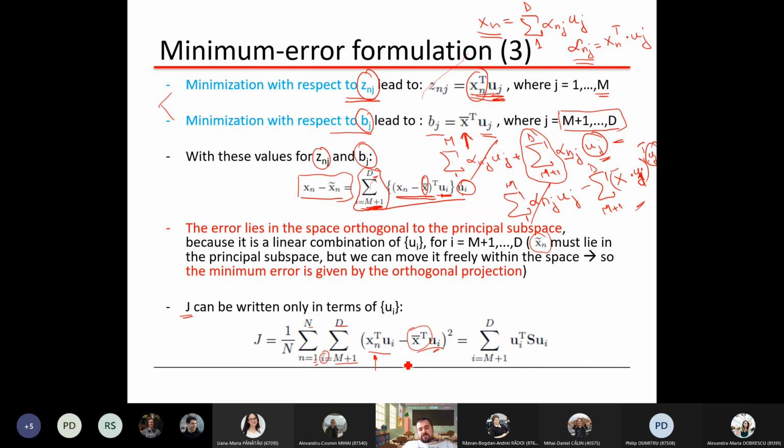So actually in here, we can do again what I showed you earlier, and we will get UI transpose multiplied by S multiplied by UI, but only for those dimensions that are not kept in the principal subspace. So the value of J will be equal to this summation from M plus 1 to D of UI transpose multiplied with the covariance matrix multiplied with UI.